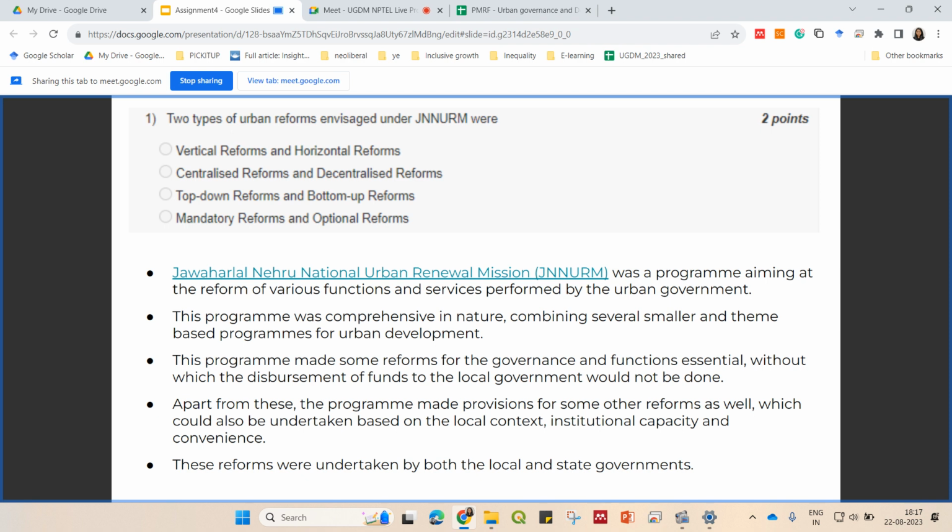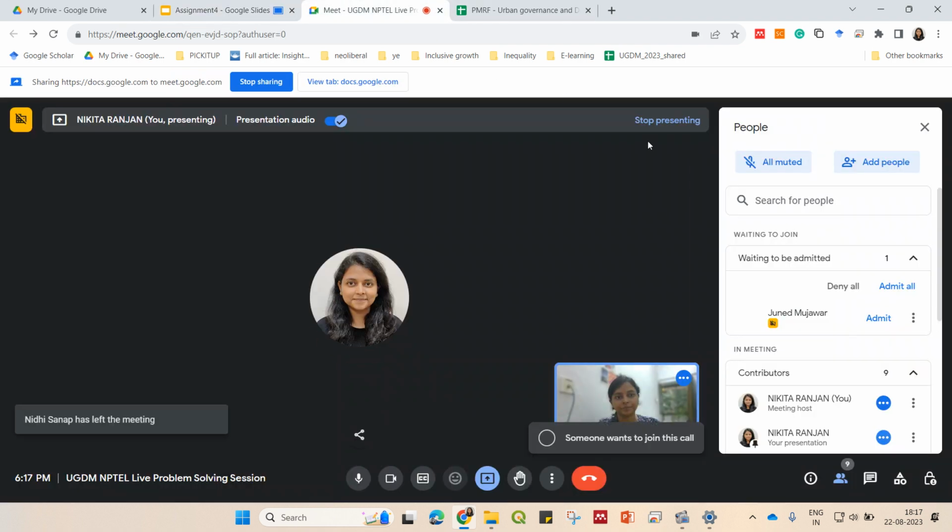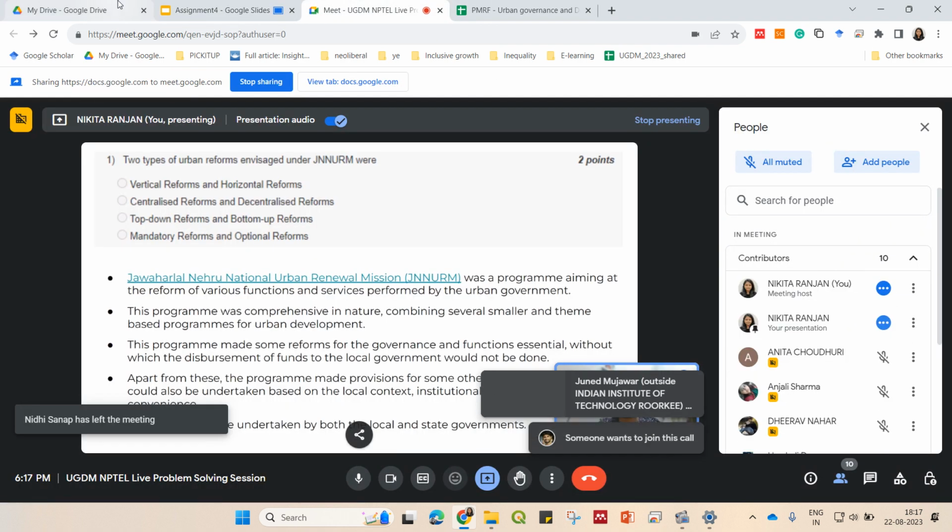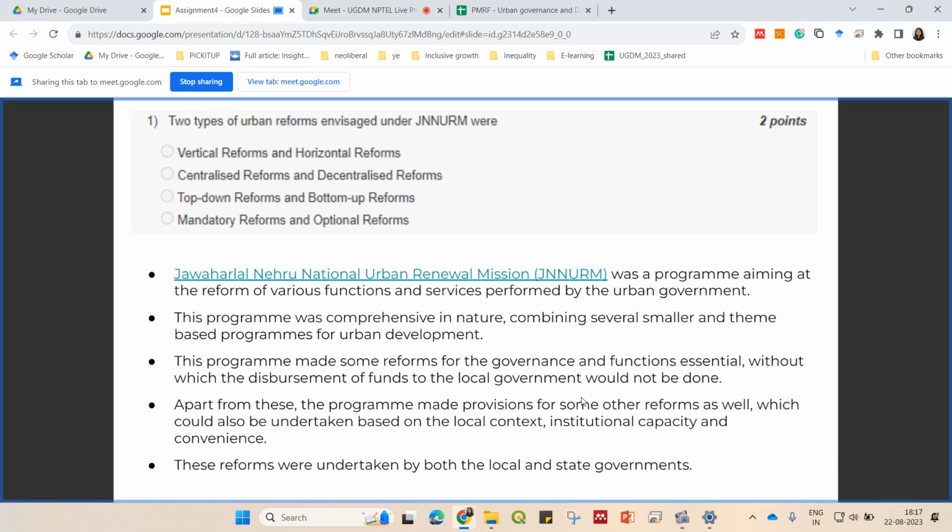Horizontal reforms are something where only one level of a particular organization experiences the reform process, and multiple levels are not a part of it. So did JNNURM focus on vertical and horizontal reforms? Was this the case? Second is centralized and decentralized reforms.